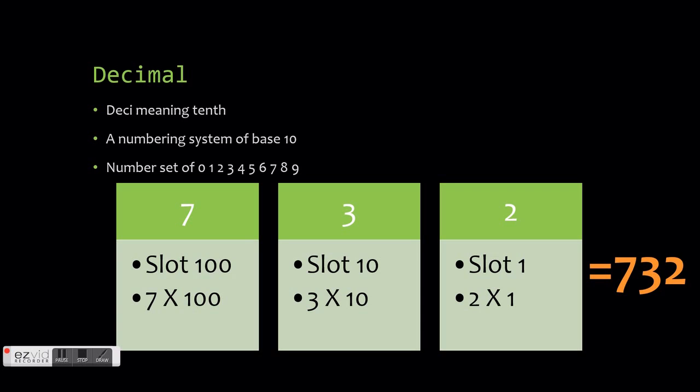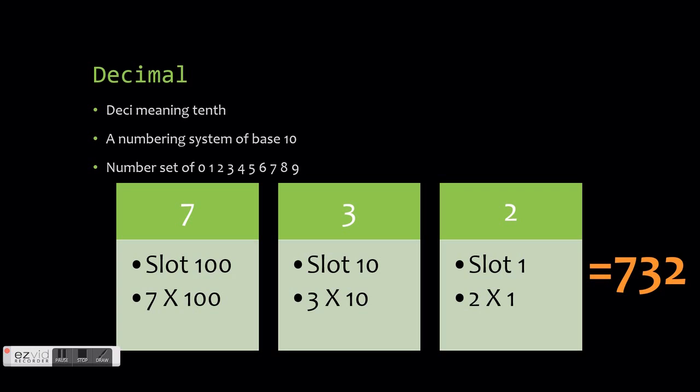Let's consider that we have 3 slots. From the right, we have the ones, the tens, and the 100s. We have a 2 in the 1 slot, a 3 in the 10 slot, and a 7 in the 100 slot.